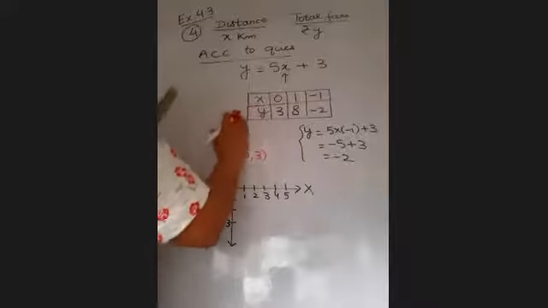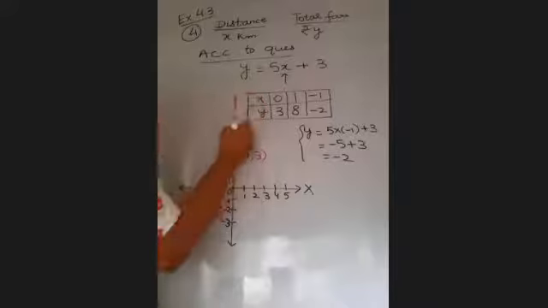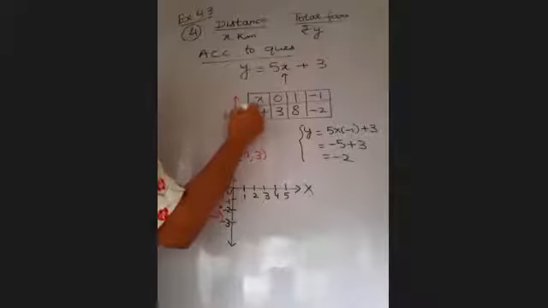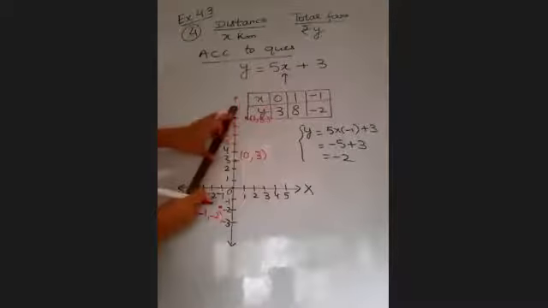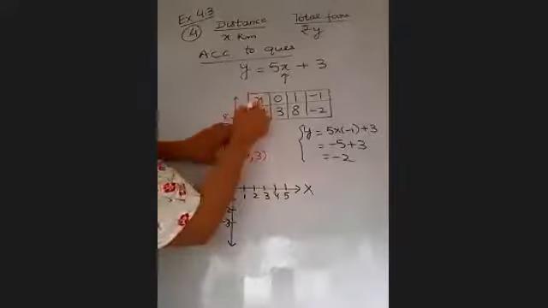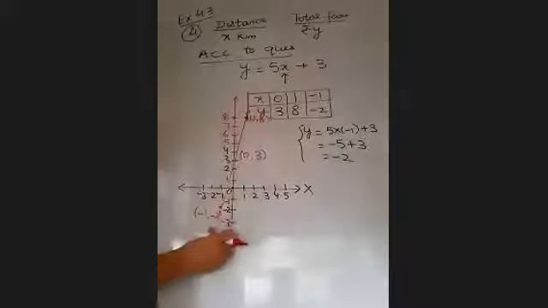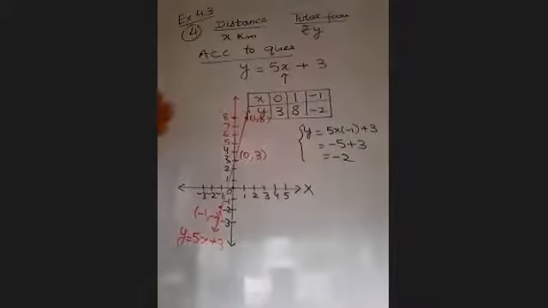So we have to extend this. X 1, Y 8 will be here, children. This has to be a straight line, and this represents the question graphically. So this is my Y is equal to 5X plus 3. So that is how the question has to be done.